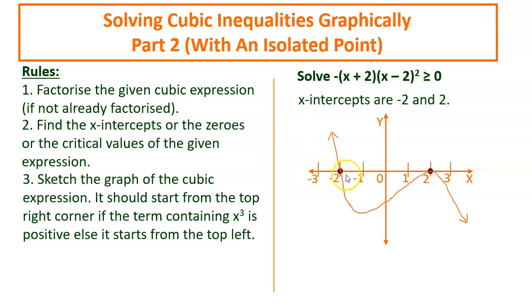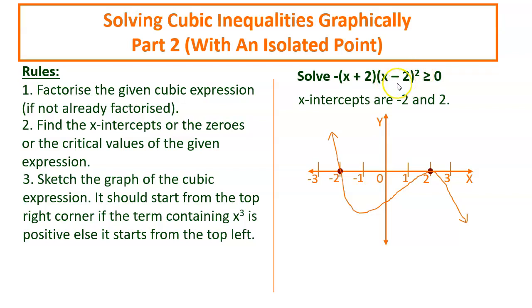And you see over here, for negative 2, the graph is crossing the x-axis, but when the graph is coming to this point positive 2, it is not crossing the x-axis, but it is just meeting the x-axis or touching the x-axis and coming back to the same region. It is not crossing the x-axis. That is because this factor x minus 2 is getting raised to the power of 2.